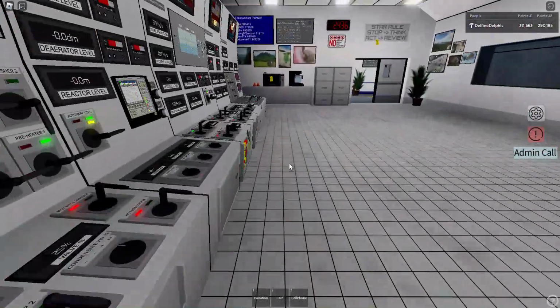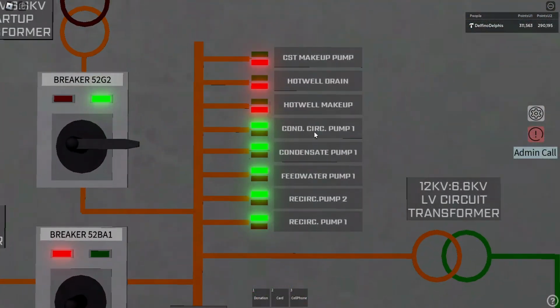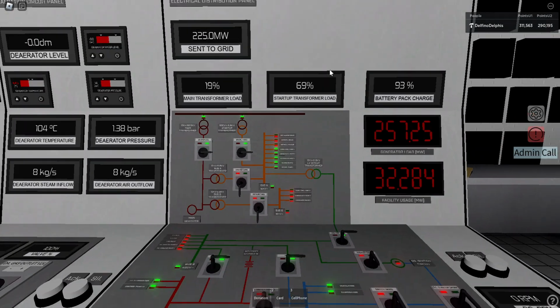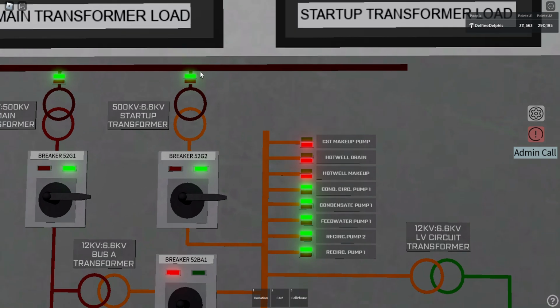So if you look at it, you can see what is actually powered at this moment. You can see that also hot well, drain, makeup. These are all powered from this bus. And now we are being powered from the offsite by this startup transformer. So you cannot start the plant if you don't have power for the pumps. We need the outside power to do it. That's what we did.